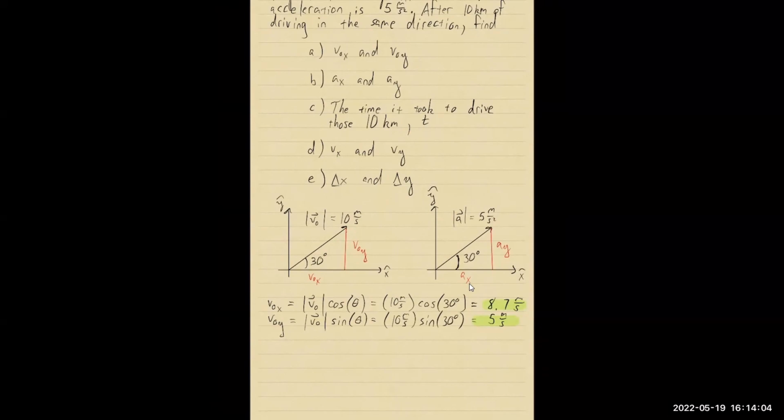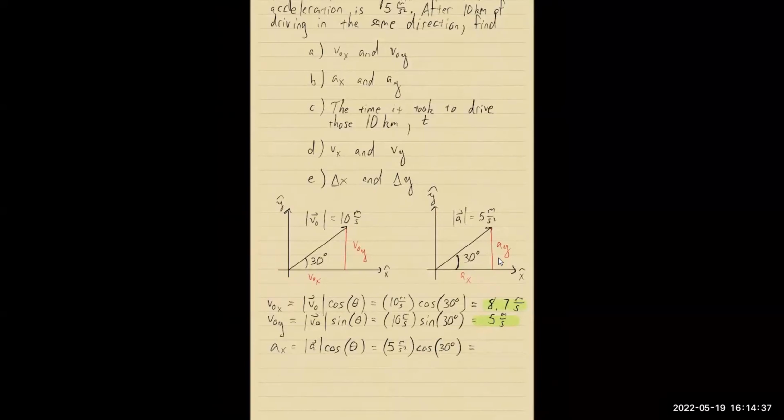And we can do something similar to find the x and y components for our acceleration. So for acceleration, our x component is just equal to the magnitude of our vector times cosine of the angle theta with respect to the positive x-axis. So this is going to be 5 meters per second squared multiplied by cosine 30 degrees. So this is going to be equal to about 4.3 meters per second squared.